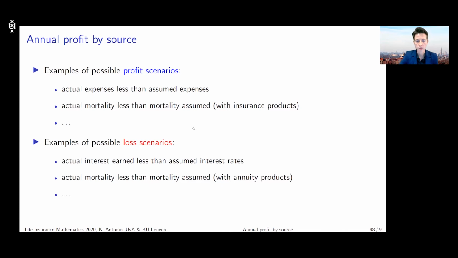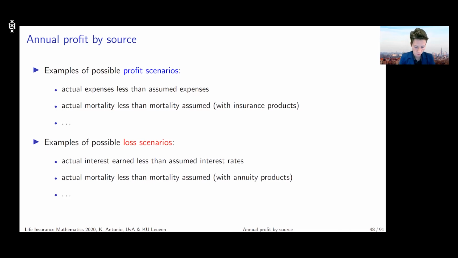And if you look at some possible loss scenarios, if the actual interest earned is less than the assumed interest, then you're making a loss because your capital does not grow as fast as you assumed. Or if your actual mortality is less than the mortality assumed, then you're making a loss in case of a life annuity setting, because then you have to pay more life annuity benefits than you actually assumed, right?